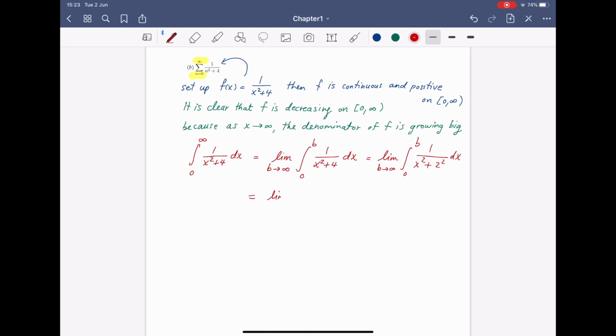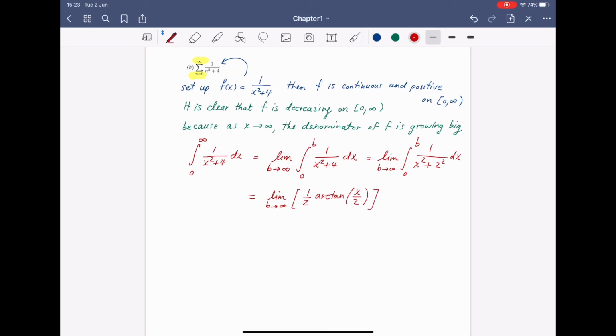So integrating, I have 1/2 arctan of x over 2. This is the antiderivative, just from calculus 1.